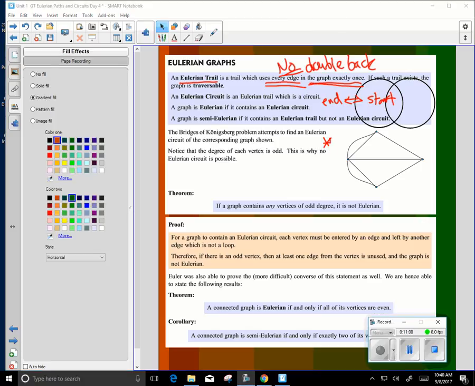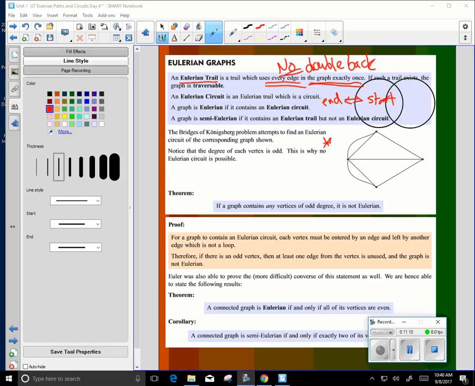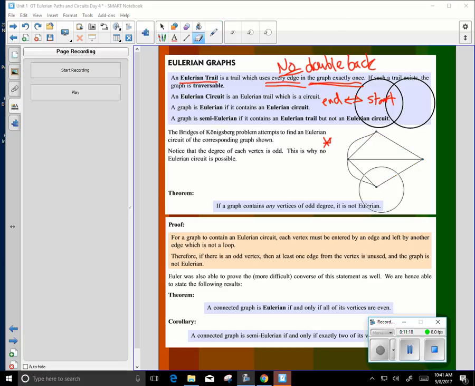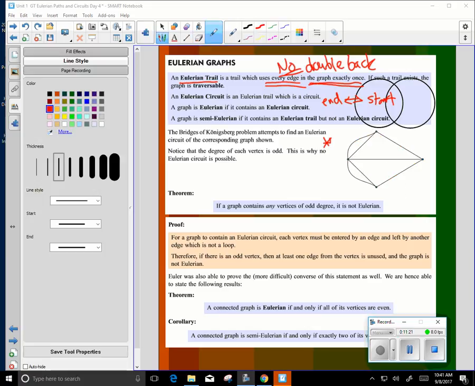Try as hard as we can. I don't think we can make this one work. You start up here. You're always going to end up in a different spot. So you'll be leaving out one edge. Could have started here, but you're going to have to double back once.